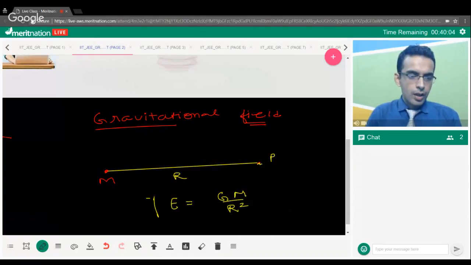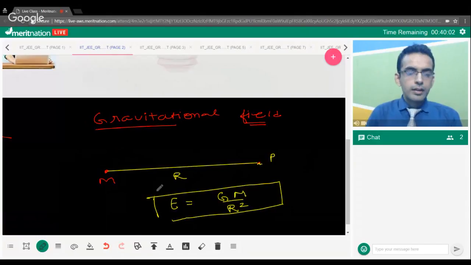And students, you know that gravitational force is always attractive, so it is always directed towards the point mass.